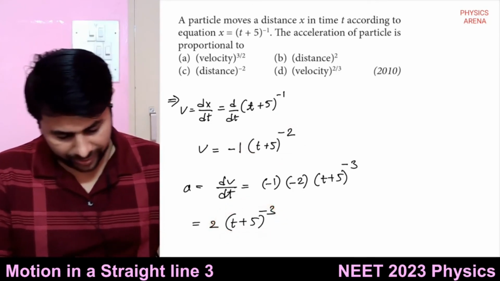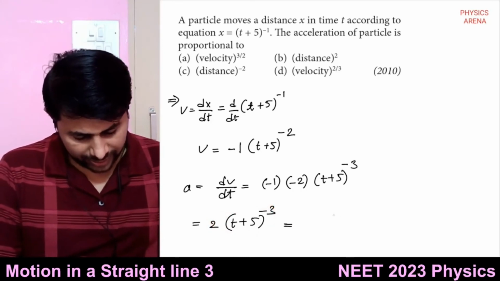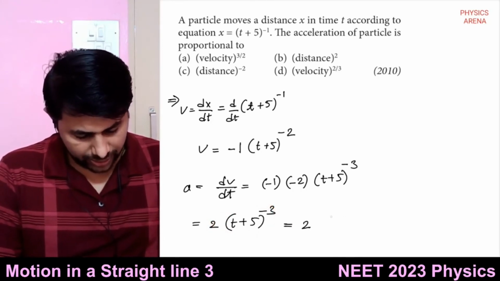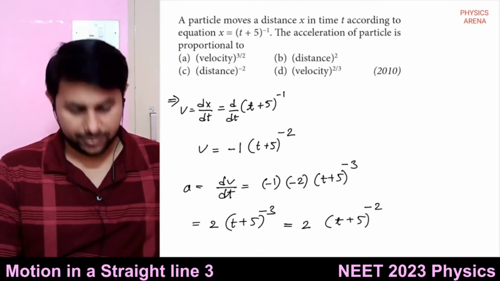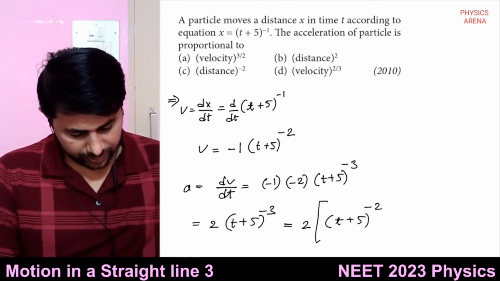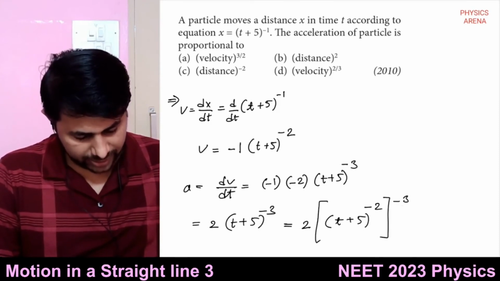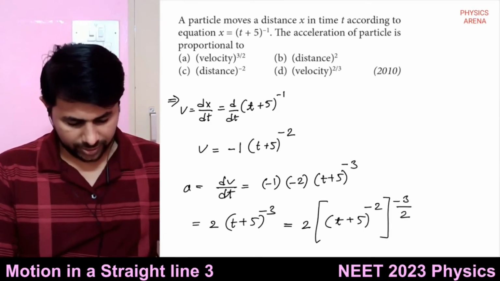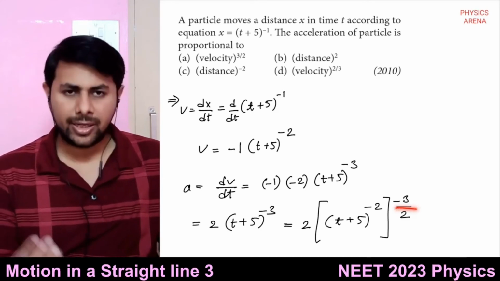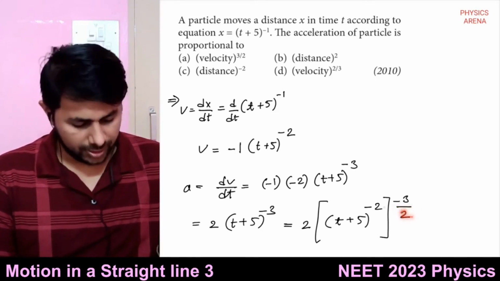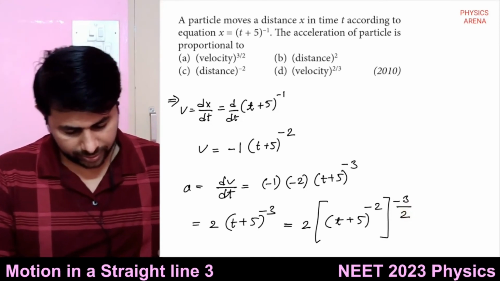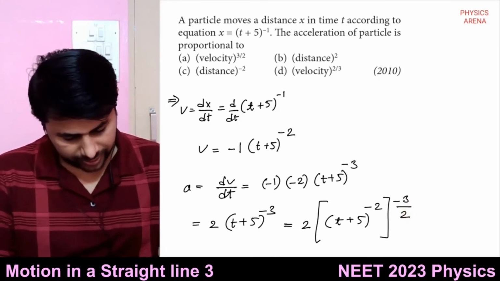How can we do that? I can write this as 2 times t plus 5 raised to minus 2, raised to 3 by 2, multiplying and dividing the power.